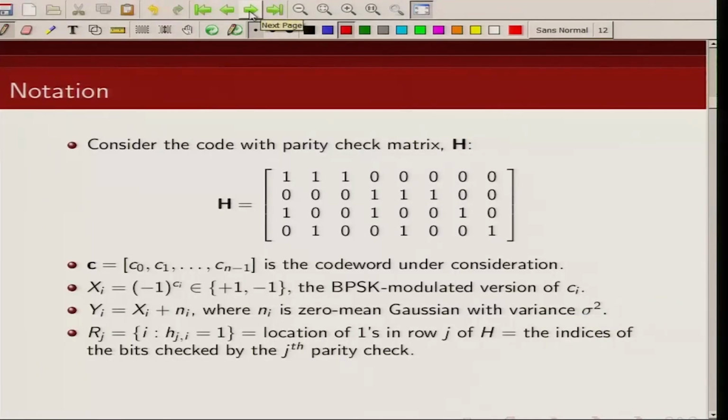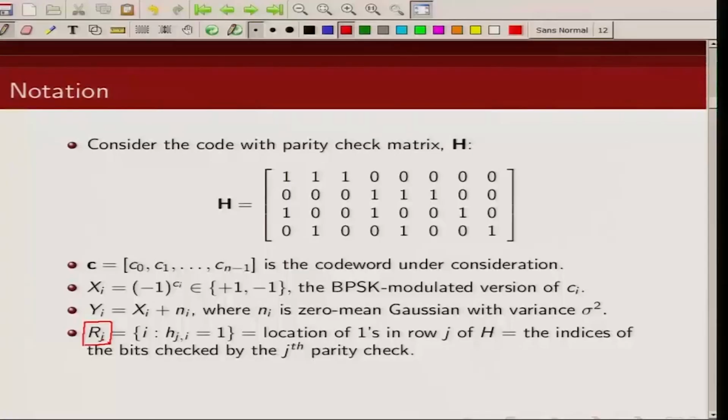We use this notation Rj to denote the location of ones in row j. Now, what does the location of ones in the rows of the parity check matrix denote? It denotes the bits that are participating in the parity check equation. So, let us take this example. What is R0?